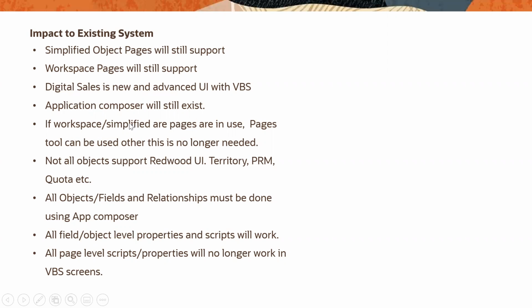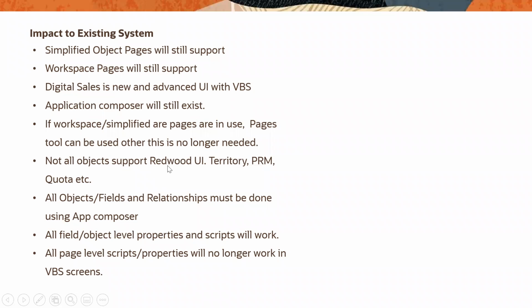If workspace or simplified pages are not in use, then we don't need to do any page configuration, because the UI comes from Visual Builder, the Next-Gen Sales UI. It also doesn't support all of the objects in Next-Gen Sales, for example territory, PRM applications, and quota management. These are not yet supported.